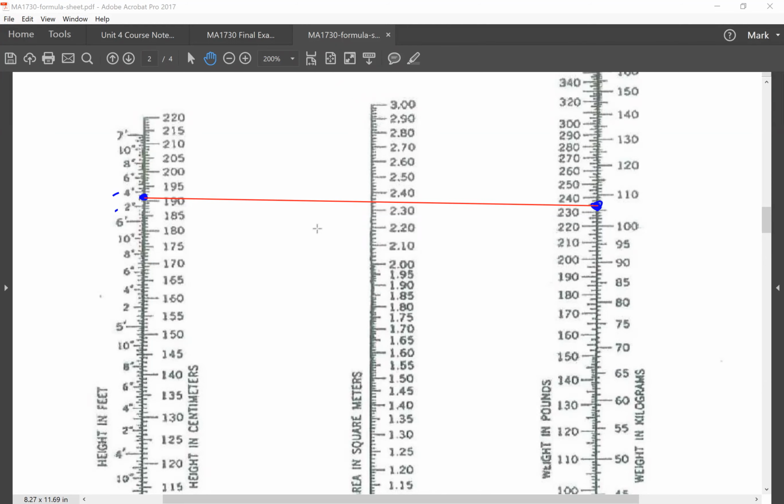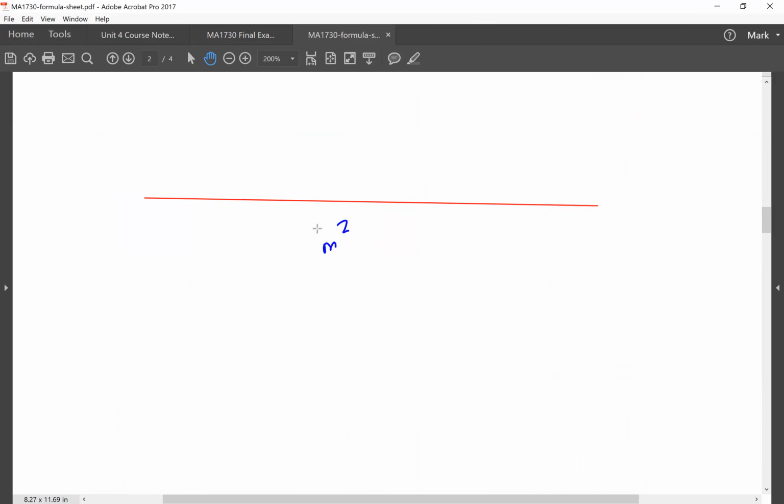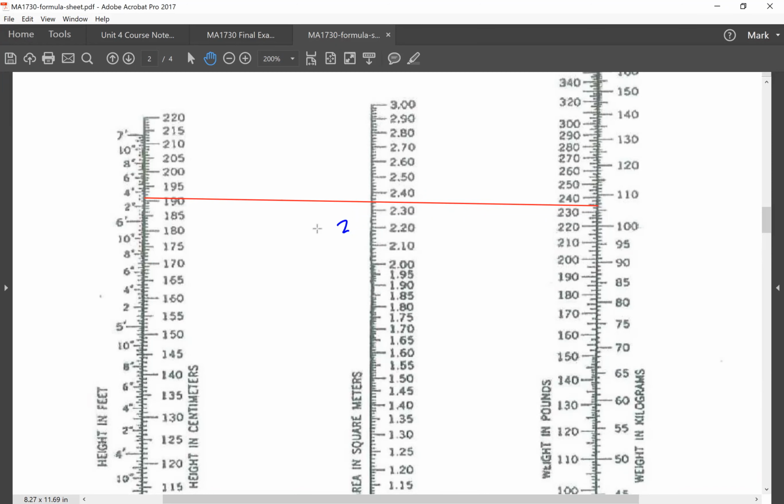This would be around 2.3, about 2.34 meters squared. Sorry, I'm zoomed in, so it's going crazy. Okay, so that's how you use the nomogram. I know you guys probably know how to do that, or some of you, but there were a few questions I had after the first test that made me want to show this to you.